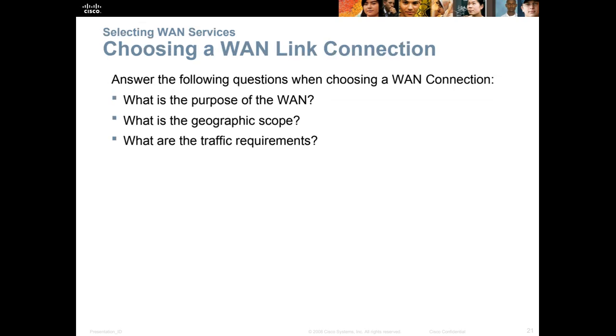So if you are to design your WAN, what are the things you think about? First of all, why you need it? What is the geographical scope? How long is the distance? What are the traffic requirements? What else? How much budget do I have?